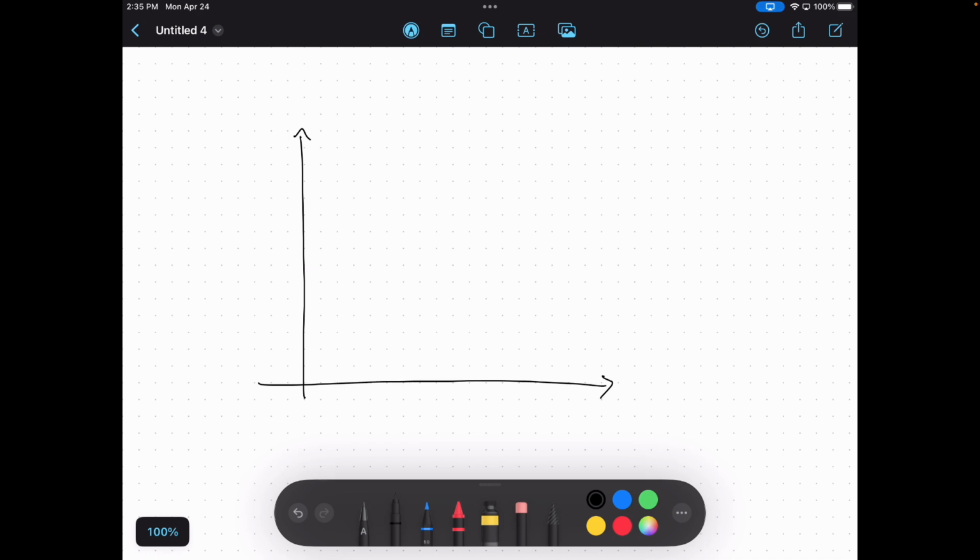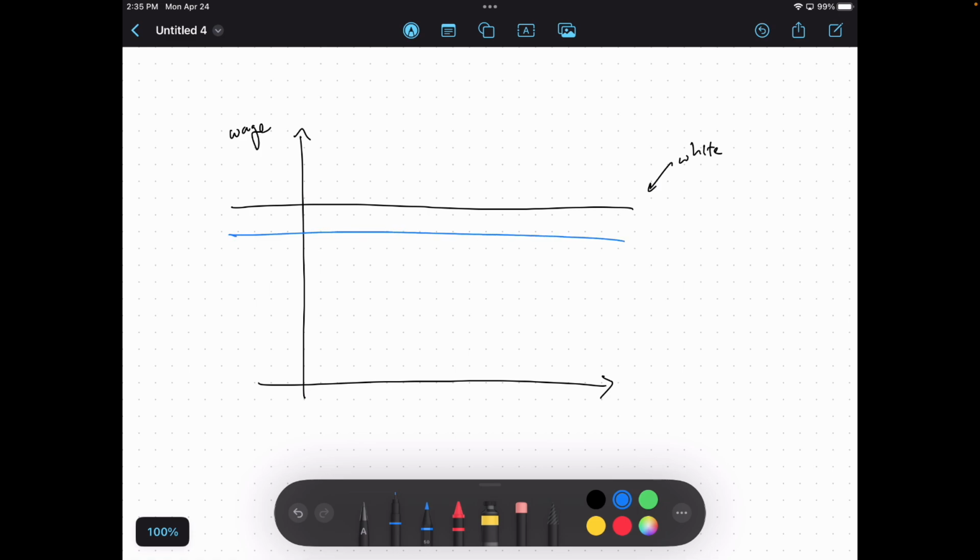Essentially, you've got your lines, so this might be white, and then you have lines for each of the races.